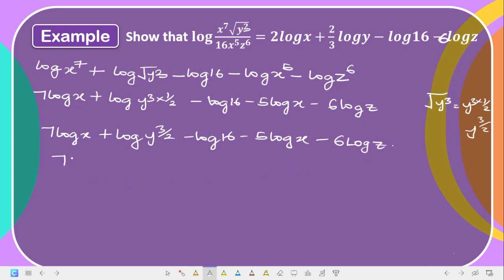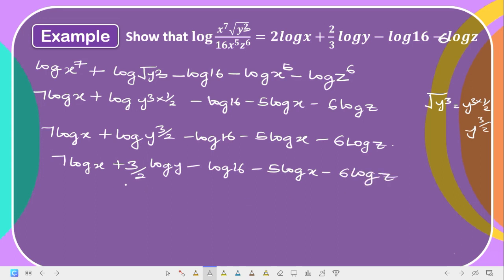And this gives us 7 log x plus, now this 3 over 2 will cross to the other side of the equation. So we have 3 over 2 log y minus log 16 minus 5 log x minus 6 log z.